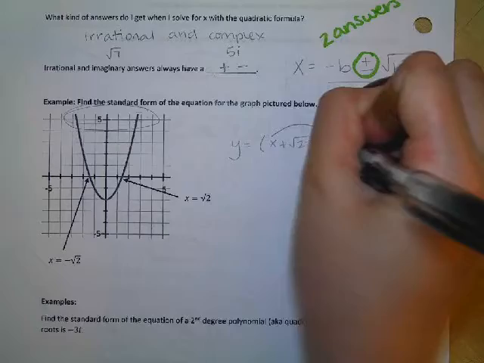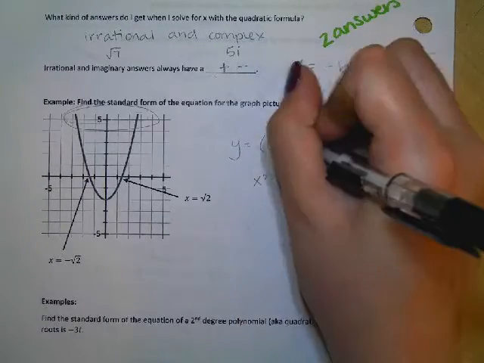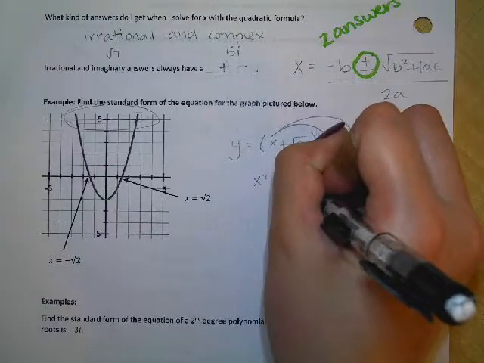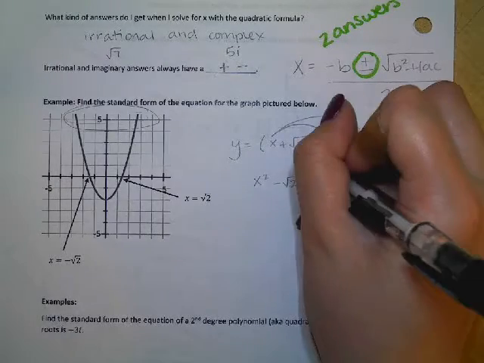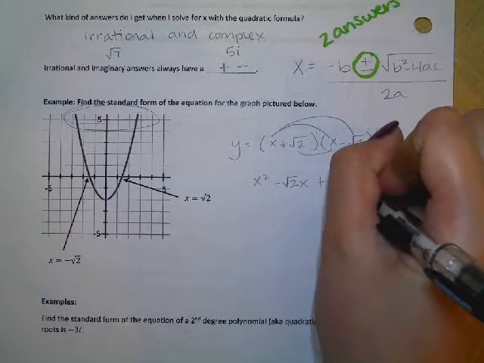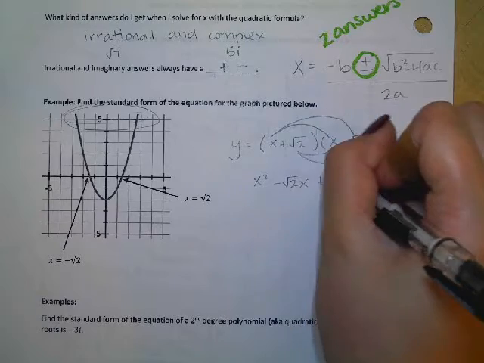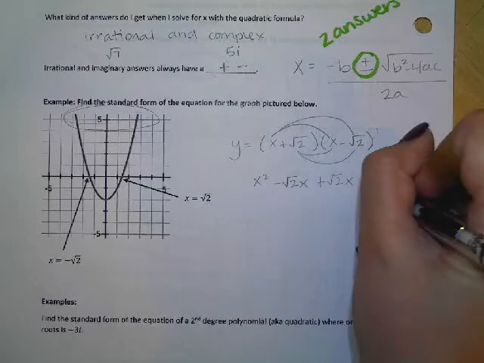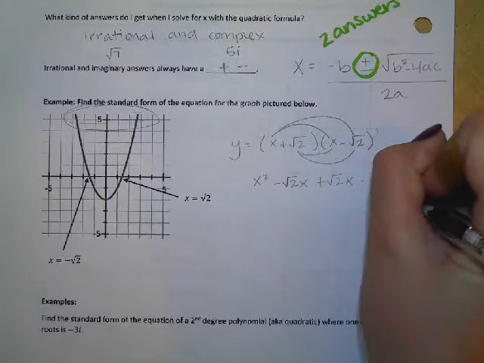So I have x times x, which is x squared. Then I have x times negative square root of 2, which is negative square root of 2 x. And then positive square root of 2 times x, which is positive square root of 2 x. And then positive square root of 2 times negative square root of 2, which is negative square root of 4.